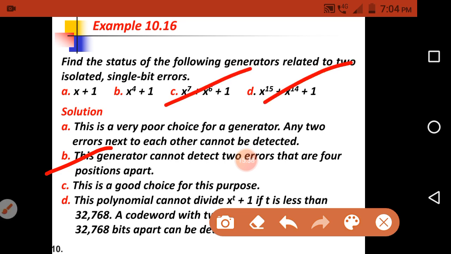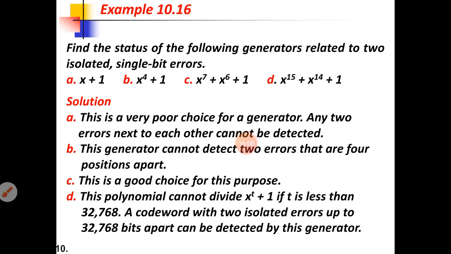But here C and B are generators that can detect the two single bit errors, because they are in the form that will detect them. It's a good choice for this purpose. And D also, this polynomial cannot divide x raised to t plus 1.